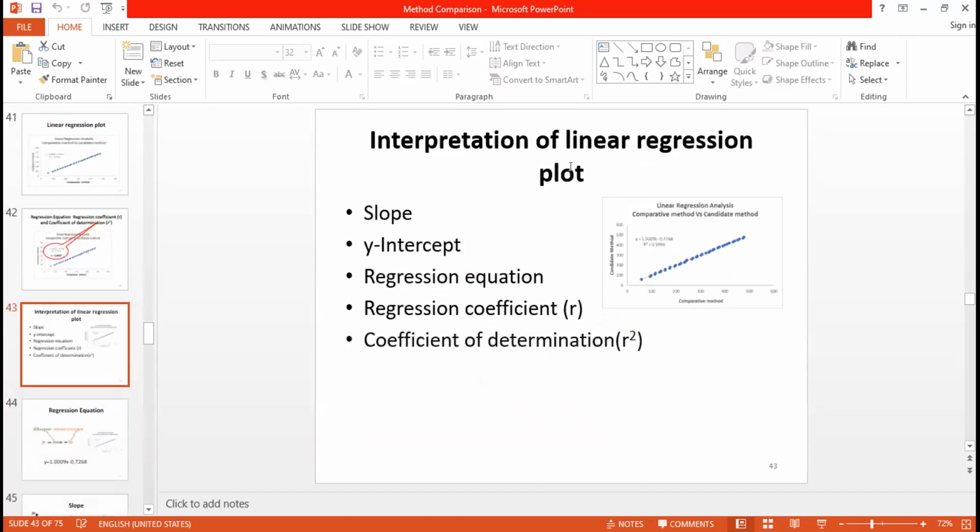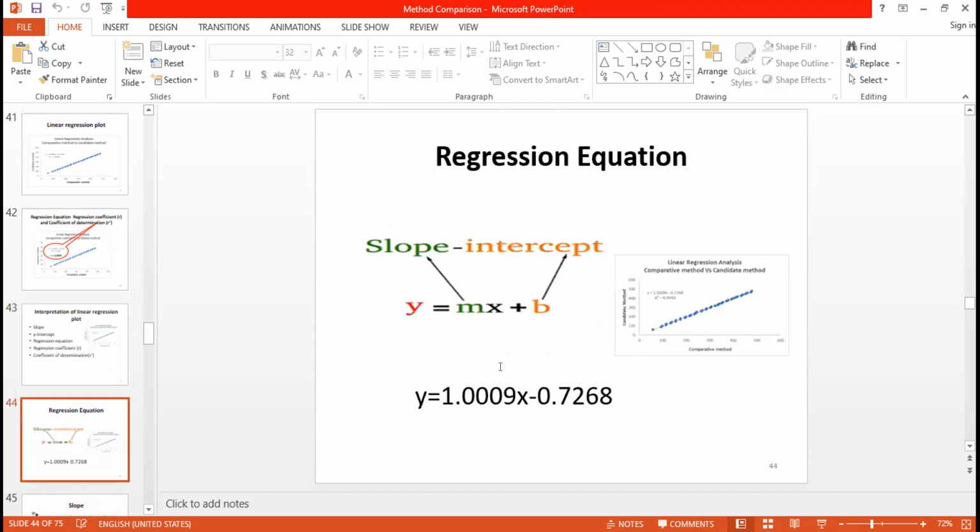And the plot is interpreted in relation to its slope, y-intercept, regression equation, regression coefficient, and the coefficient of determination. The regression formula equalizes your y value to slope multiplied by the value on your x-axis plus the intercept.